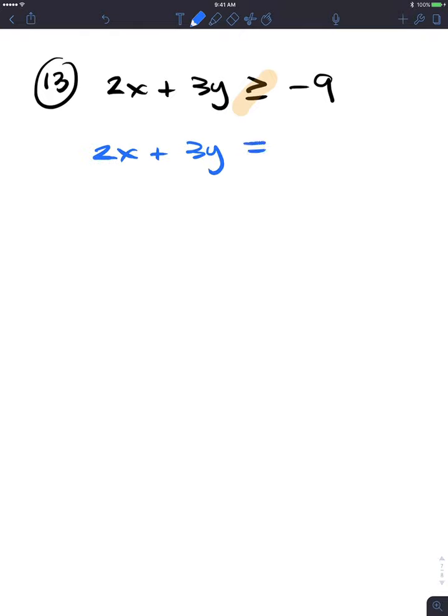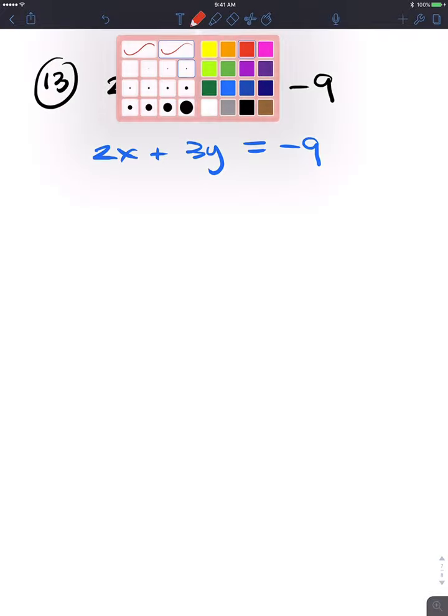Number 13. 2x plus 3y is greater than or equal to negative 9. This is a greater than or equal to sign, and what that means then is we have a solid line. However, we're going to have to solve for y, because what we're going to have to do is graph the equality, which is 2x plus 3y equals negative 9.